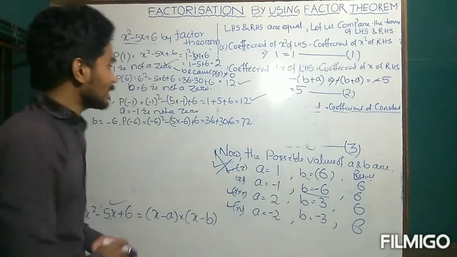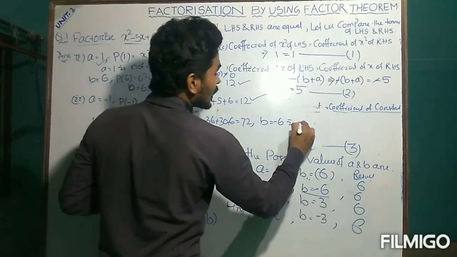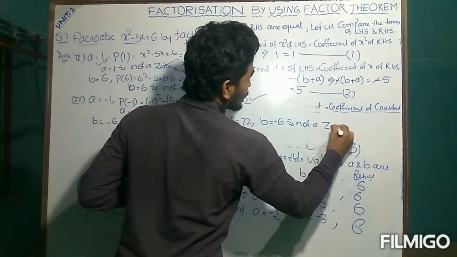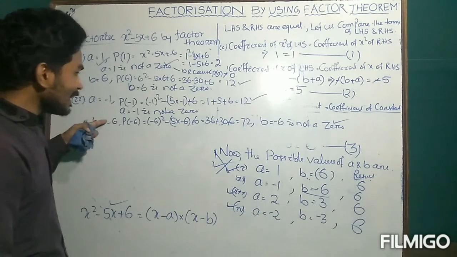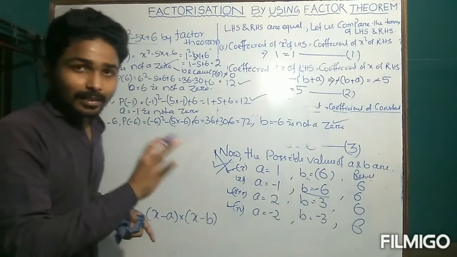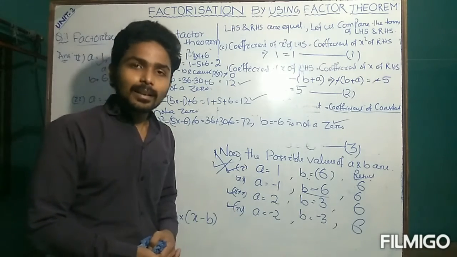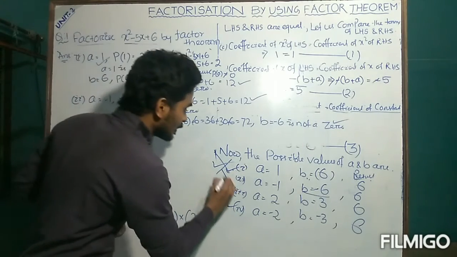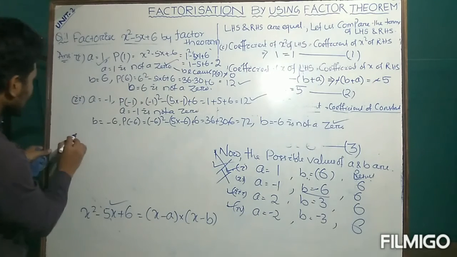So we can write b is equal to minus 6 is not a 0. This is clear. So from assumption 2, a is equal to minus 1 doesn't hold good, and b is equal to minus 6 doesn't hold good. So this has been cancelled.